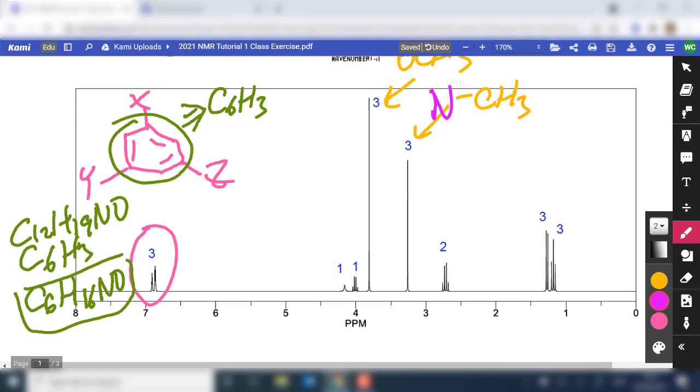Then let us see other potential signals and telltale signs that allow us to finally get our proposed structure. We do see 2 quartets here. That's at about 4, which is very deshielded. It's quite uncommon to get such a deshielded quartet. And then we have another quartet here, which contains 2 hydrogens.